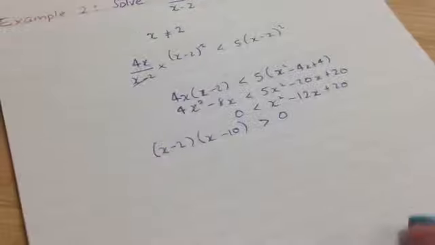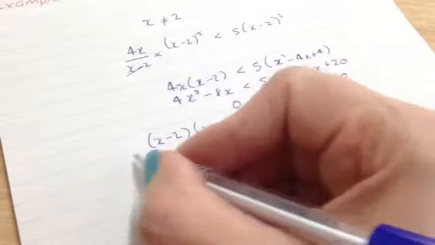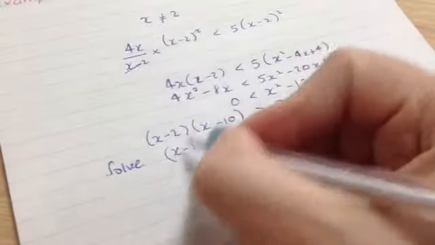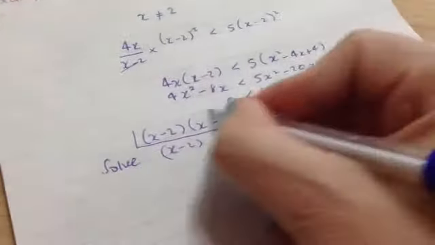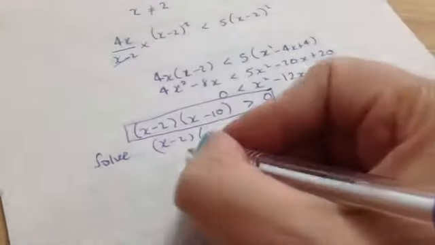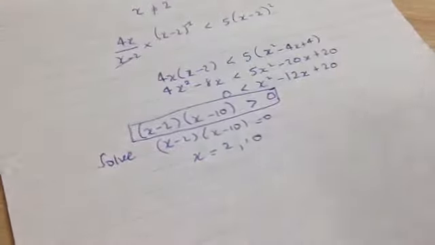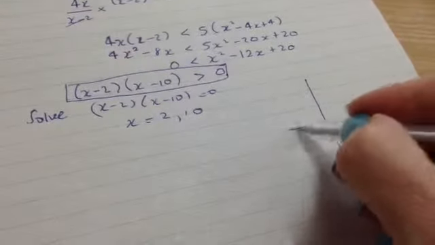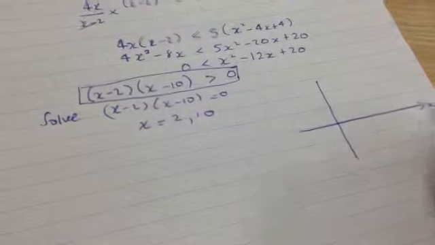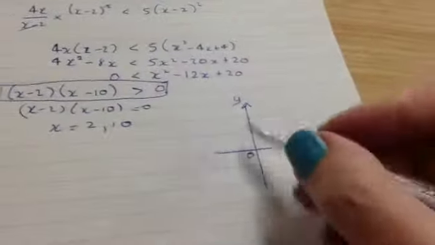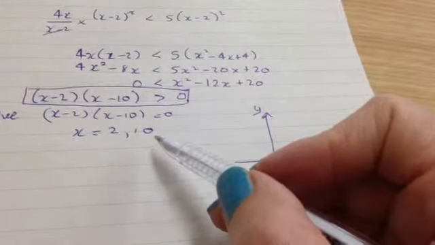The next thing to do is to solve x - 2. Just put a box around that because you're going to be using it. And x - 10 equals 0, and we find that x is equal to 2 and 10. Now we're going to plot those 2 points on the number plane.